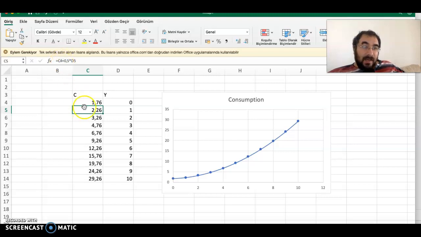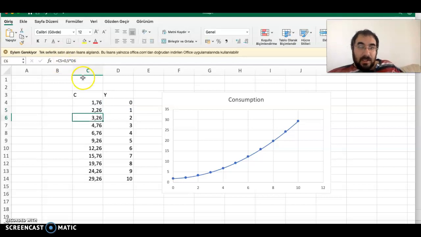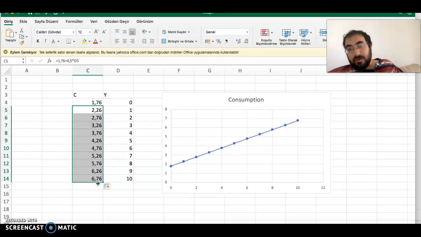Well, see here I have C4 and then I have C5, so I always take the upper number. I should instead take a fixed number, which should be 1.76. Now I should have a smoother case. This is my consumption function.